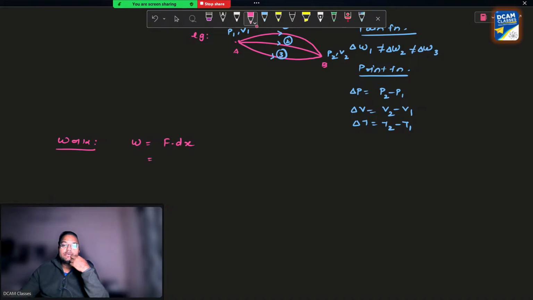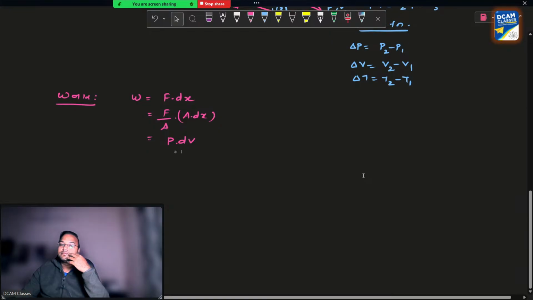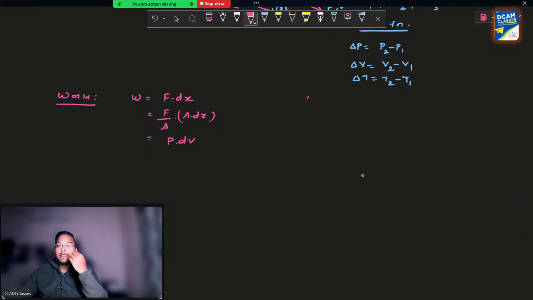So we can write this work as force per unit area into dx. Now I can actually write force per unit area as pressure, A dx is the change in volume. Clear? It's like, suppose I have a cylinder. This is the area.